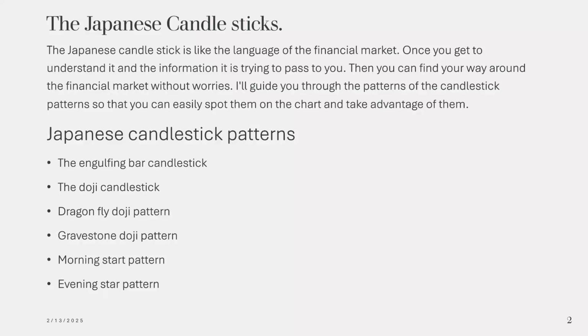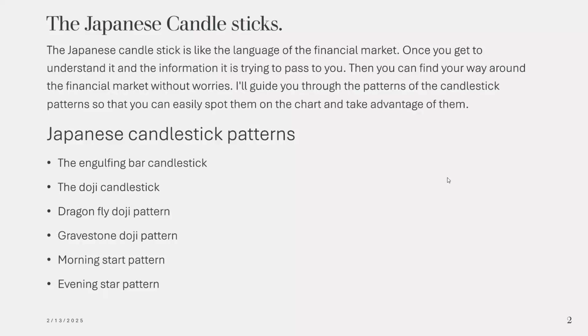I use the line chart mostly to draw trend lines and support and resistance zones. It will make them easier to spot. Then the candlestick, to see how price reacts in those zones, like the support and resistance or trend line zone. So that is what I use the candlestick for.